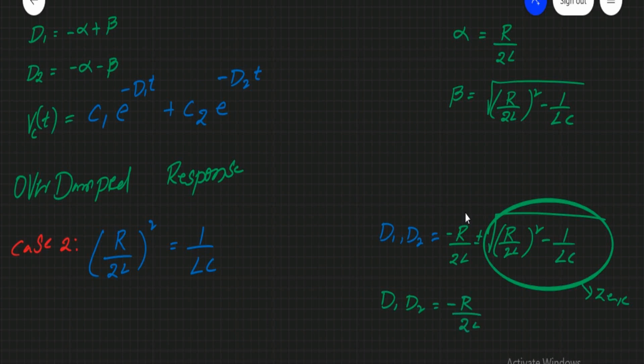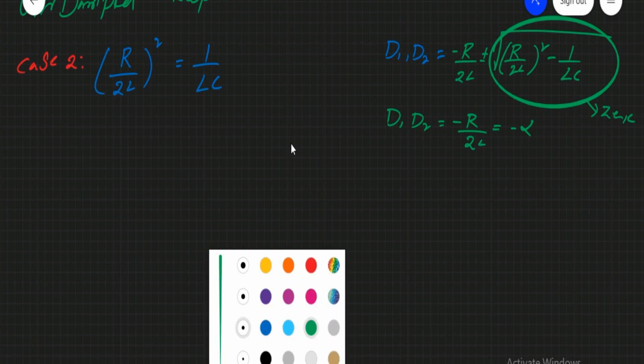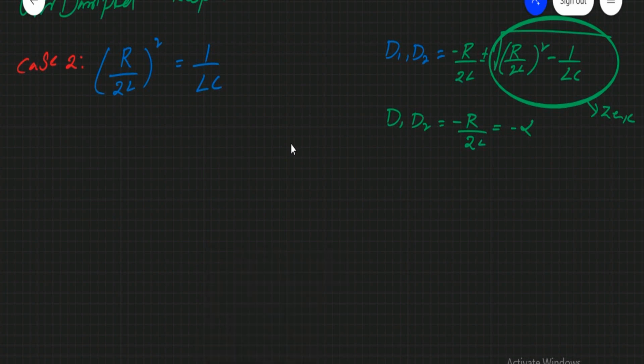But R by 2L is nothing but alpha, so D1, D2 are equal to minus alpha for the case of (R by 2L) whole square equal to 1 by L into C. By using the mathematics, you already know how to find the factors for a second order differential equation. By following that, you get Vc of t is equal to (C1 plus C2 into t) e power minus alpha t.